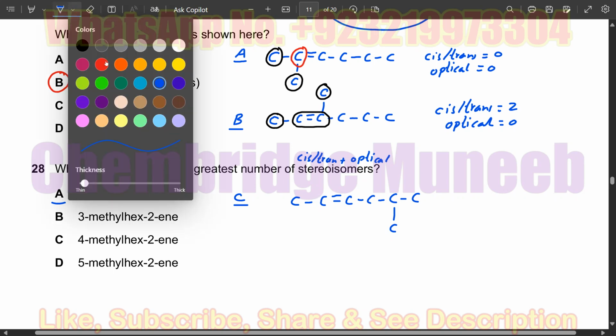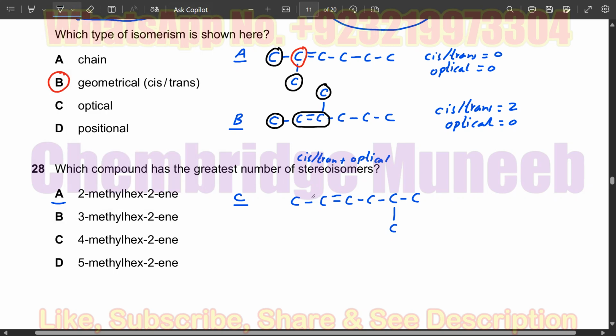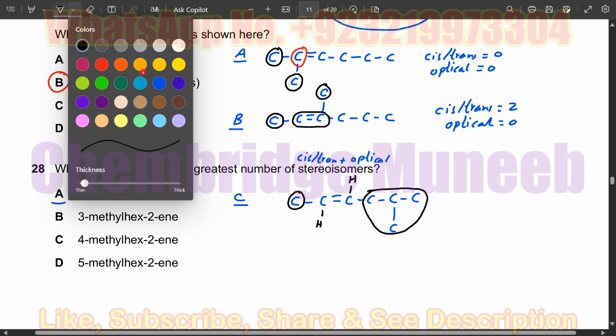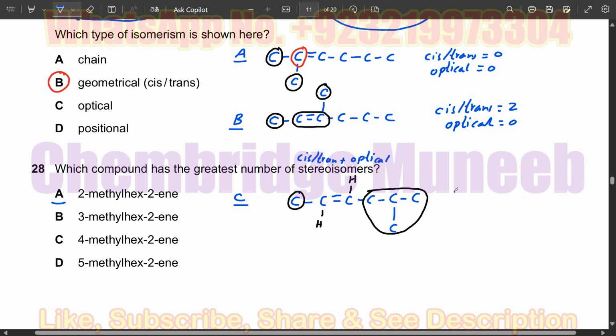If we look for cis-trans isomers, there is a methyl group over here, then there is a complete alkyl chain over here, and one hydrogen is present over here, and one hydrogen over here. So this molecule can give you a cis-trans isomer. So that's why cis-trans isomerism exists here. So there are a total of two.